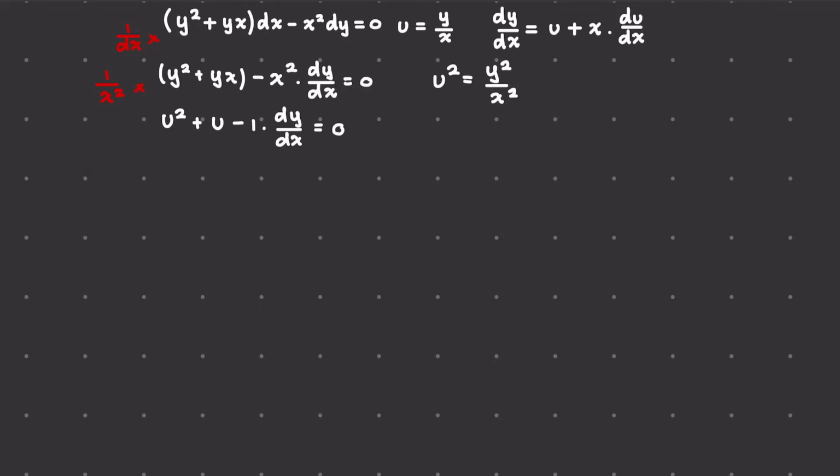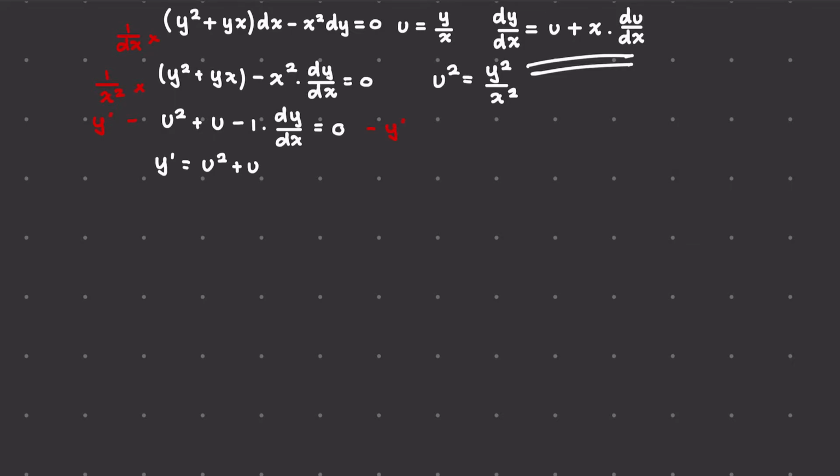But let's move, or let's add dy over dx to both sides, because we want to make our dy over dx positive, not negative. So dy over dx equals u squared plus u. And now we just need to substitute our y prime with our dy over dx here.